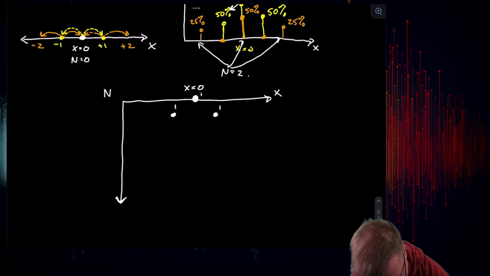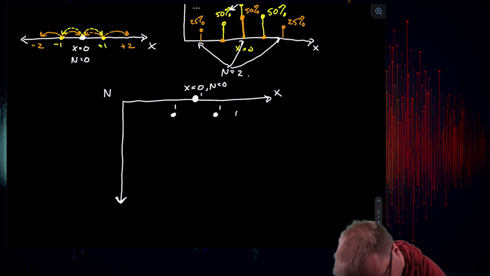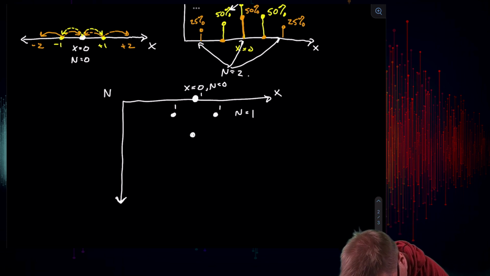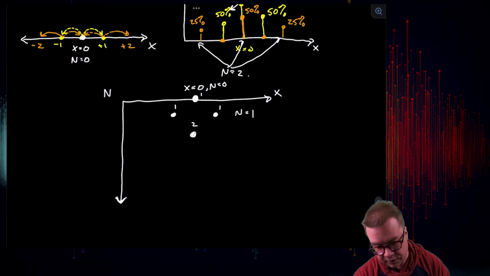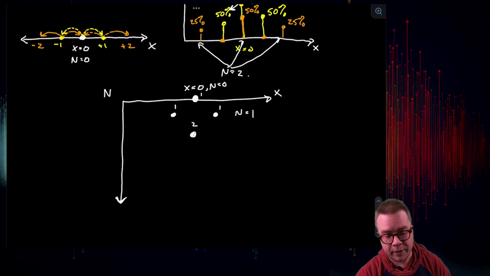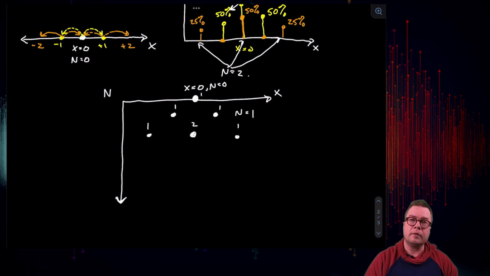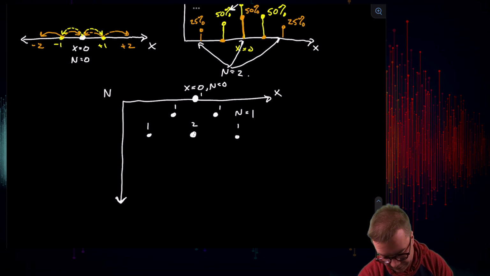So this is, again, n equals 0. These 2 points are for n equals 1. Then after n equals 2 steps, there's 2 ways that they could end up in the middle. There's 0 ways that they could end up at ±1, and there's 1 way that they could be at +2, and one way that they could be at -2. Okay, and this goes on and on.